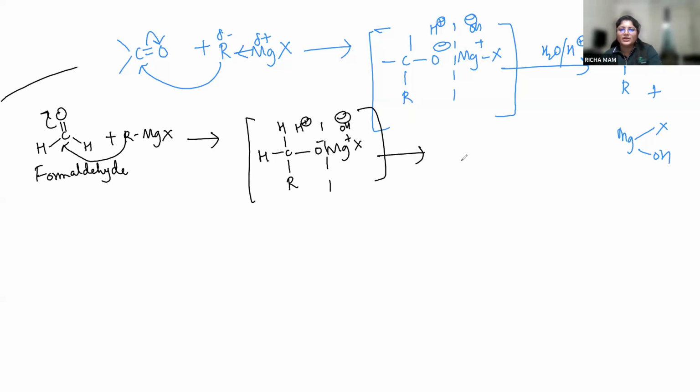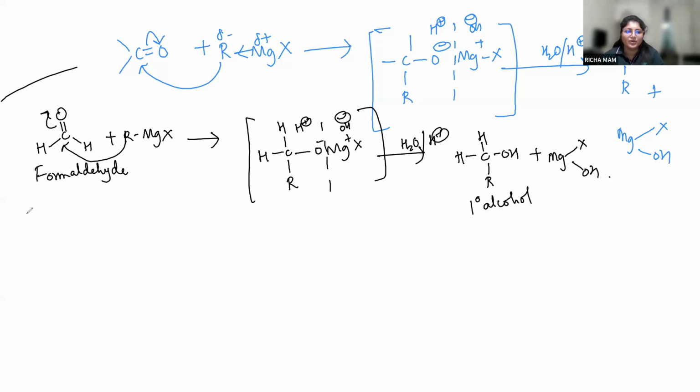I am going to get RCH2OH plus MgX and OH, in the presence of acid hydrolysis. So with formaldehyde, I get a primary alcohol.